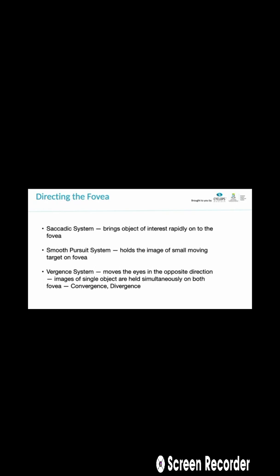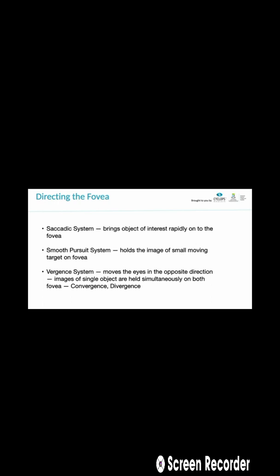So, those systems that direct the fovea onto the object of interest are the saccadic system, the smooth pursuit system, and the vergence system. The saccadic system brings the object of interest rapidly onto the fovea. The eyes move very rapidly so that the object of interest is brought onto the fovea. The smooth pursuit system holds the image of a small moving target on the fovea. It follows the object.